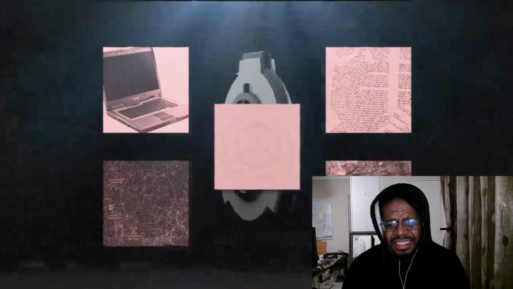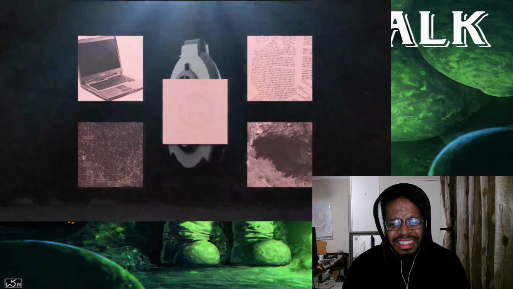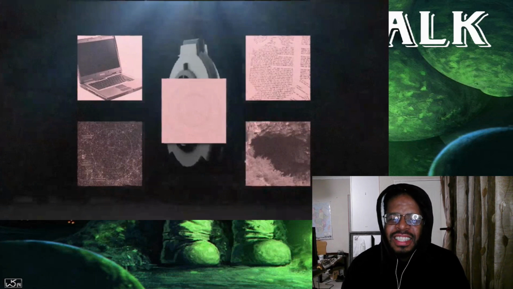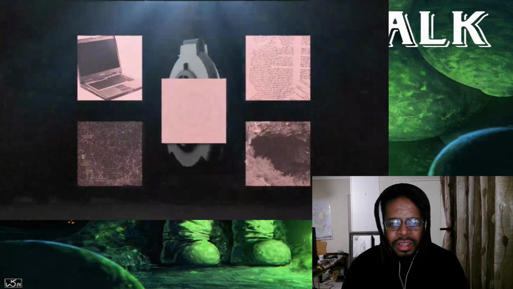Okay, let's discuss here. A laptop. I think it's the information on this paper that's world ending. Maybe it's the schematics or designs of creating some sort of antimatter bomb or weapon, not sure.